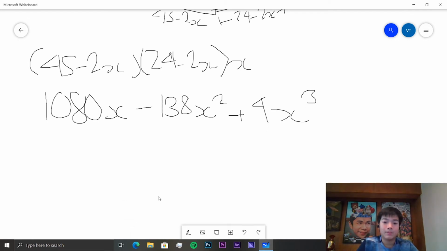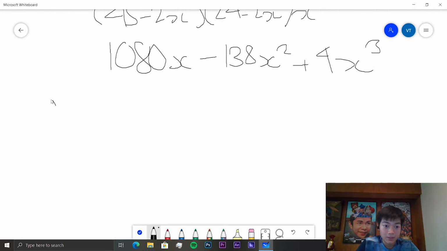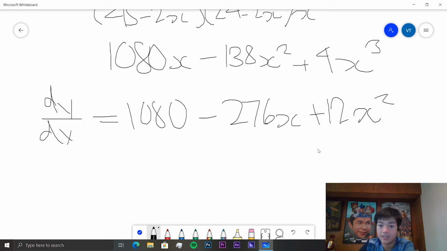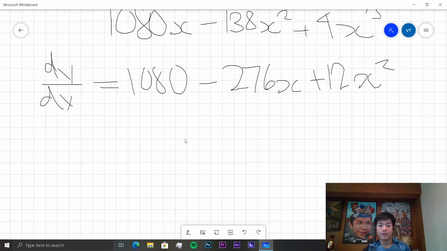So if we want to optimize this, we want to get the derivative. And so this is equal to 10,080 minus 138 times 2, 276x plus 12x squared. And so we need to find when this is equal to 0, so we'll plug it into the quadratic formula.